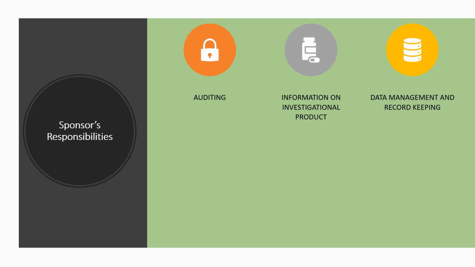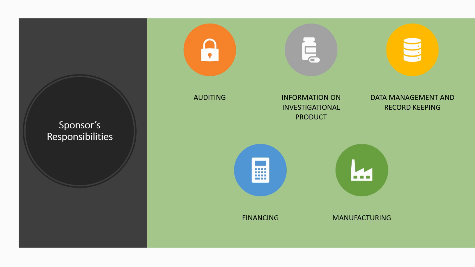This is to handle the data, verify the data, conduct the statistical analysis, prepare the trial reports, and maintain accurate records for all aspects of the trial. Financing. The financial aspect of the trial should be documented in an agreement between the sponsor and the investigator or institution.